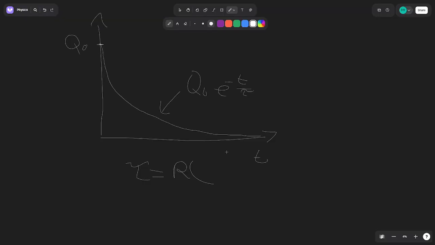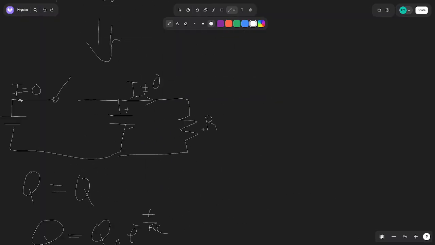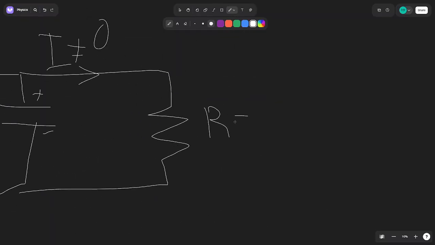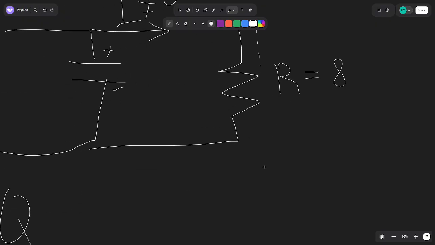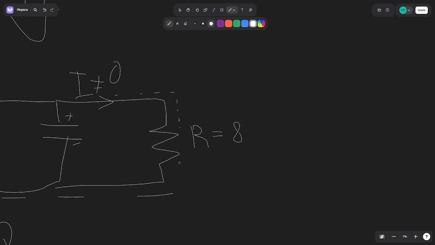And if R in this equation is bigger, it takes longer to push all the electricity through the circuit and let the current disappear. What does it mean? If it equals, for instance, 8, we need to push it through the resistance of 8 ohms to let it go through and finally disappear.